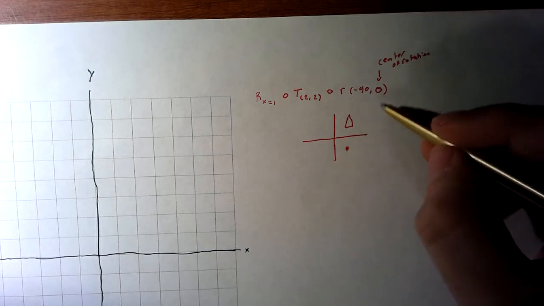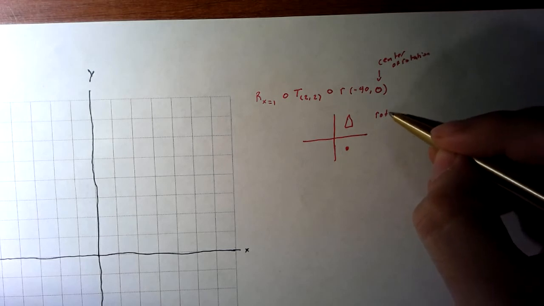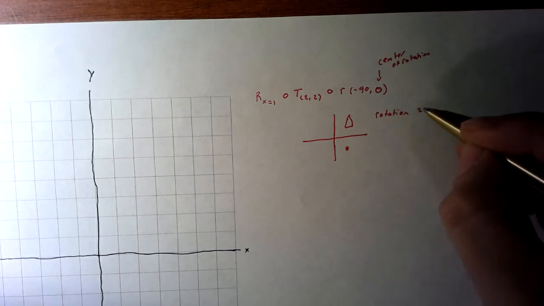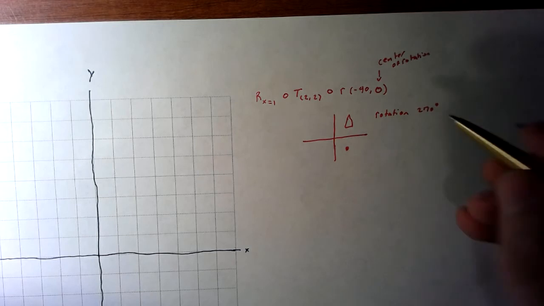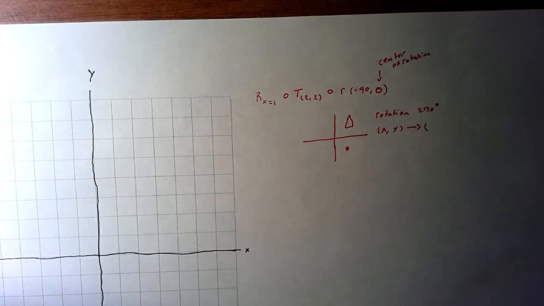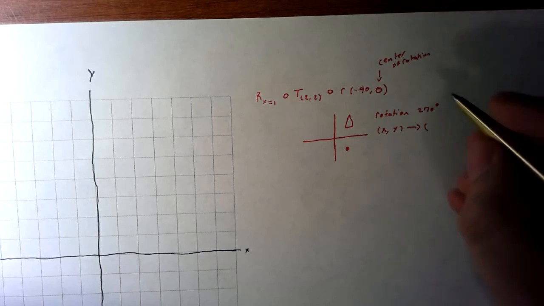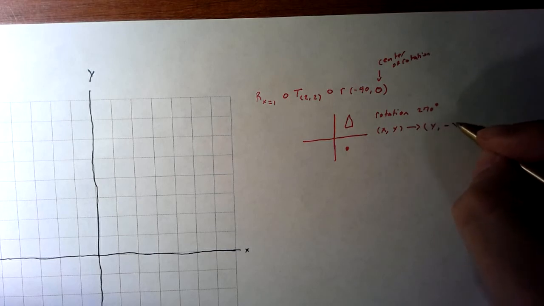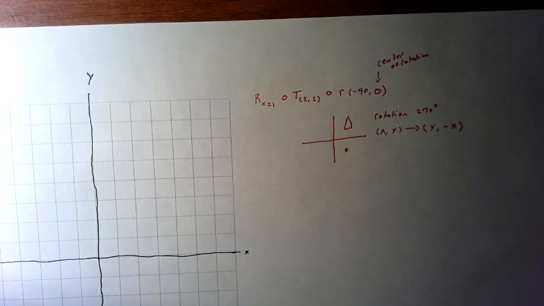In terms of our formulas, we're going to use the one for a 270 degree rotation counterclockwise, which is the one that has y comma negative x. But I do want you to practice looking at your formula chart, so make sure that you can locate all of the appropriate formulas.